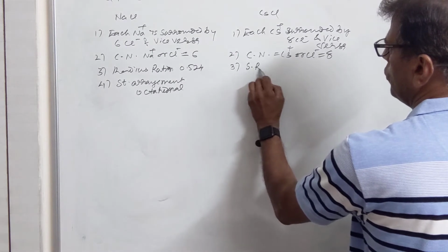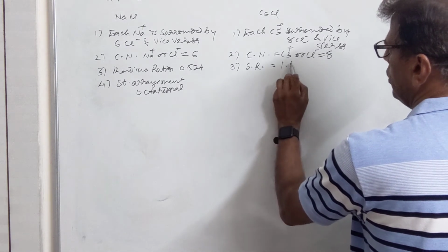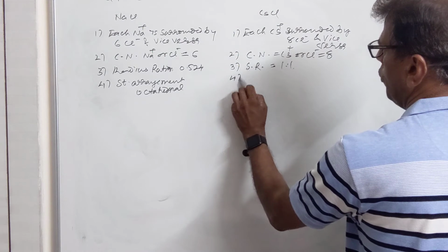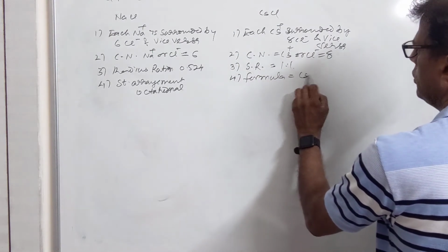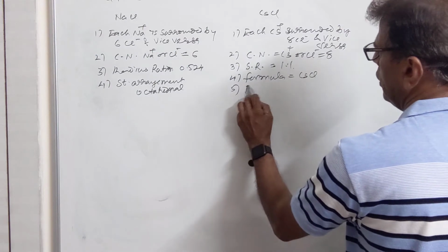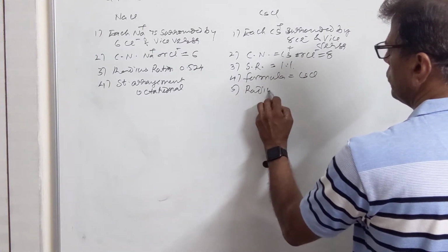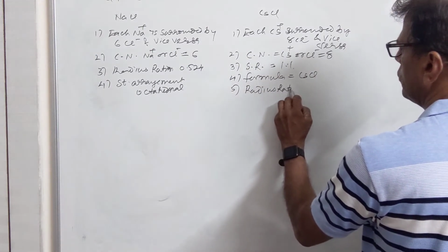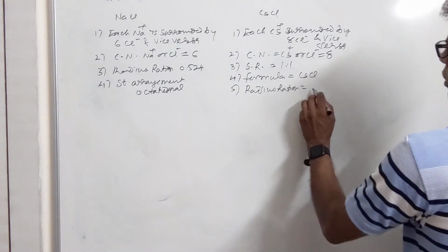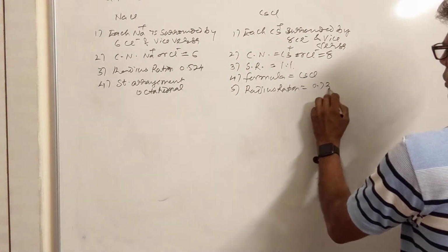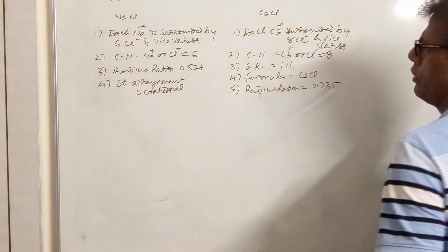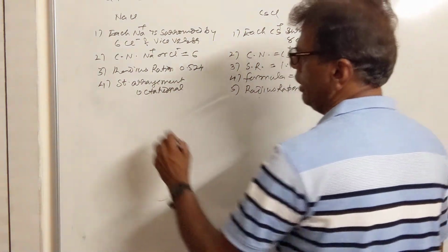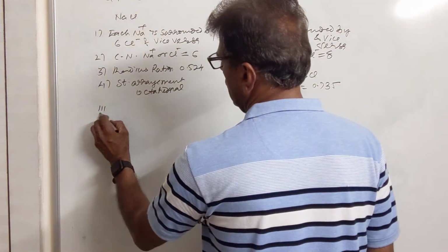The stoichiometric ratio is 1:1, and the formula is CsCl. The radius ratio is 0.73235, which shows a coordination number of 8. This is cesium chloride. Then we have the third structure, that is ZnS.